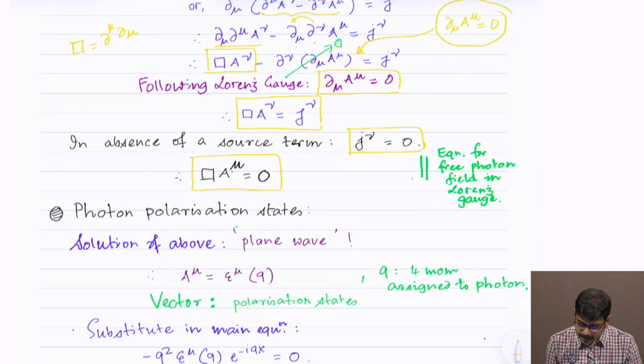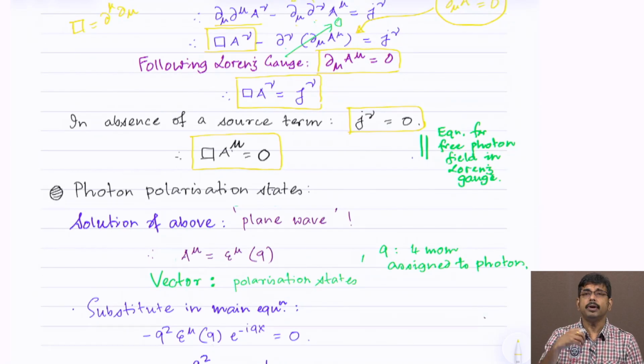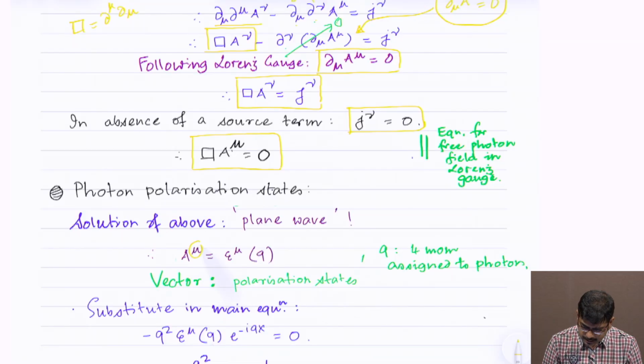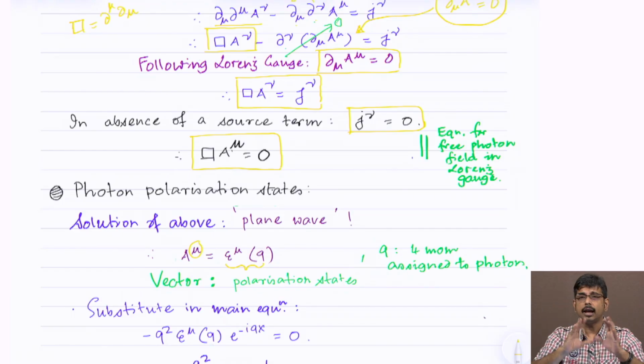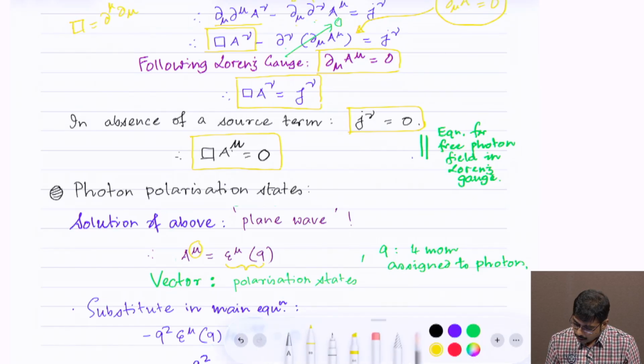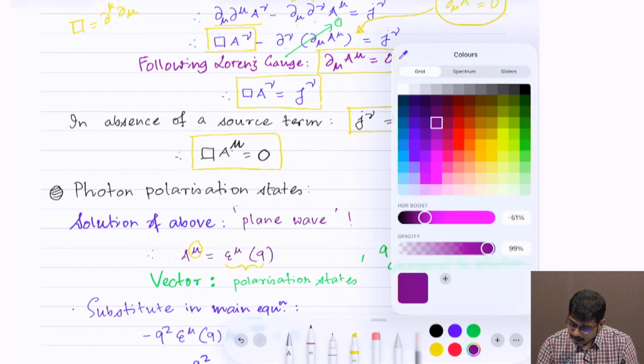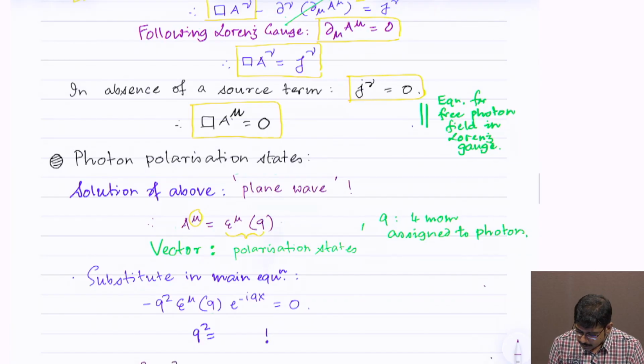But now you can say that I can assign the vectorial aspect. A^μ is a special field, it is not a scalar field, it is not a fermionic field, rather it has a Lorentz index sitting here like μ. You can say, okay, I can dump its vector-like criteria into a quantity called ε^μ(q), and then append to that the plane wave solution, which will be something like e to the power minus i q dot x, for example.